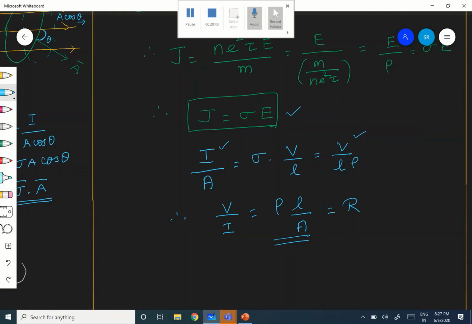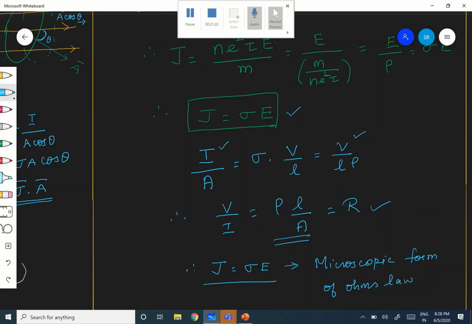So J is equal to sigma E is very much similar to your Ohm's law. Are you following? From J is equal to sigma E you are bringing V by I is equal to R. Therefore, you have arrived at Ohm's law. So J is equal to sigma E is nothing but the other form of Ohm's law. It is called the microscopic form of Ohm's law.